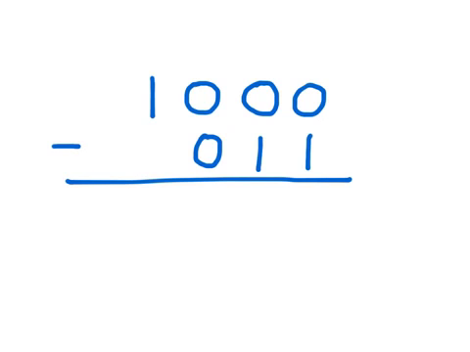Well, first of all, 0 minus 1, we really can't do that. So let's look at the next column over. Now we have 0 minus 3. We really can't do that. And so we look at the next column over, and we still really can't do that. So we look at the next column over, and now we have 8 minus 3.